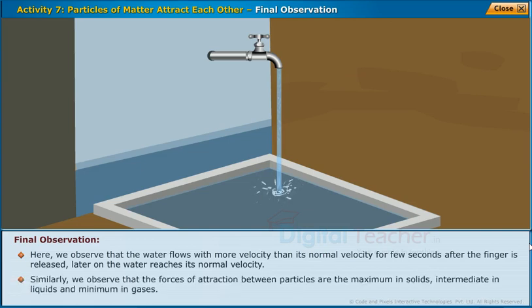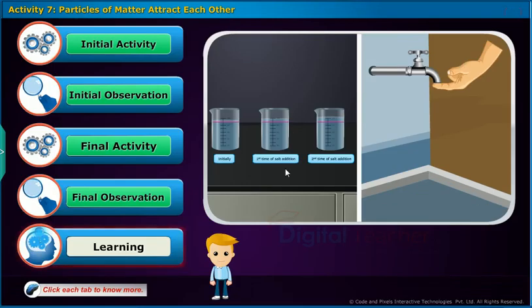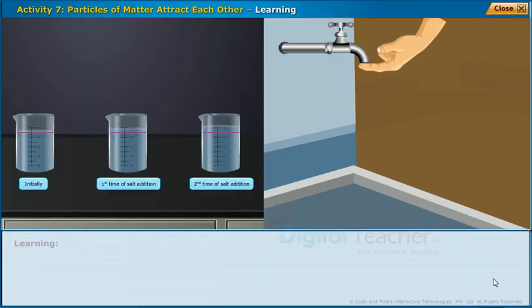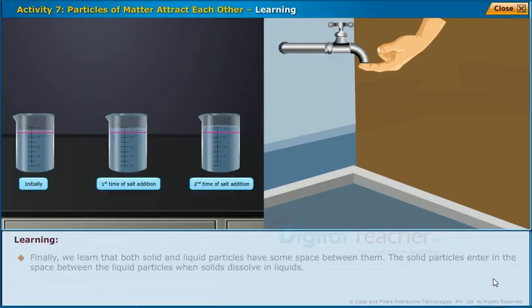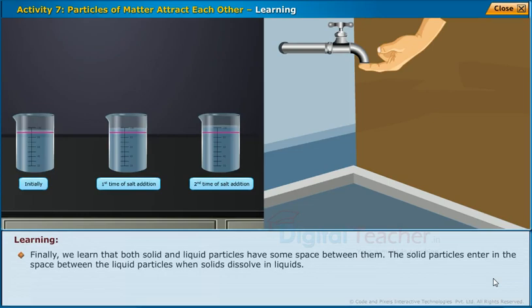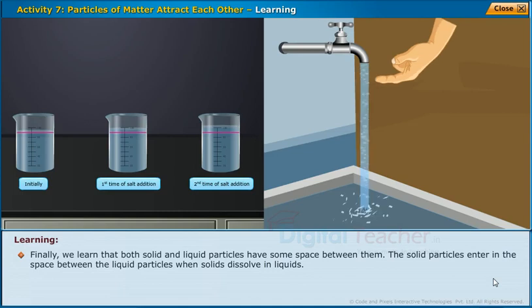Similarly, we observe that the forces of attraction between particles are the maximum in solids, intermediate in liquids, and minimum in gases. Finally, we learn that both solid and liquid particles have some space between them.